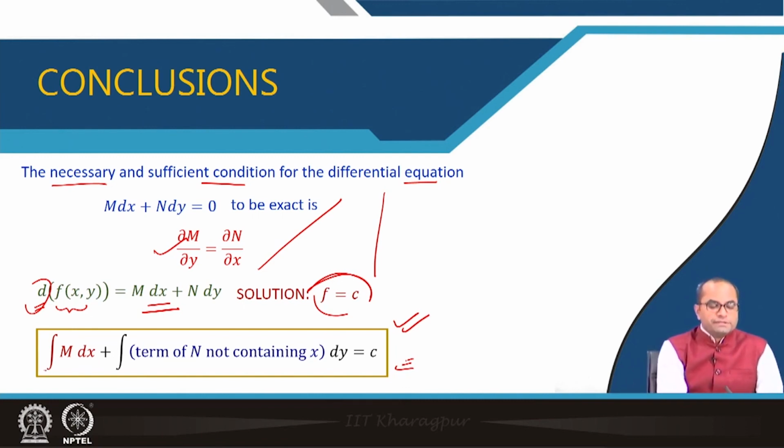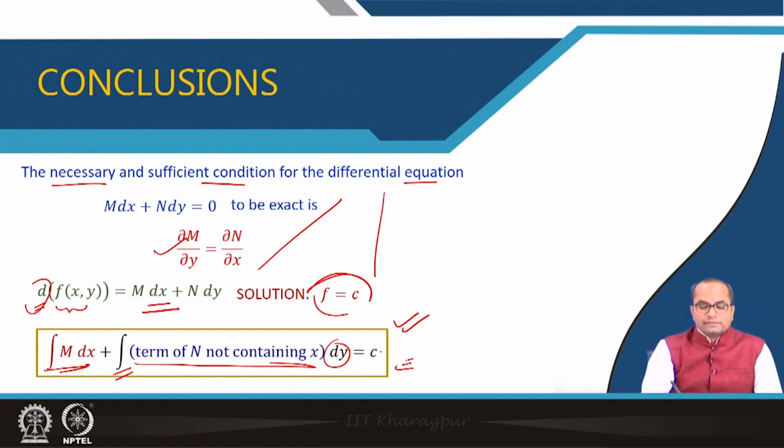That means, if we integrate here M dx, keeping this y constant of course, and here we need to find the terms of N which do not contain x, and those terms only we will integrate here, and everything should be set equal to that constant, and this will give us the solution. This is a direct approach for finding the solution.